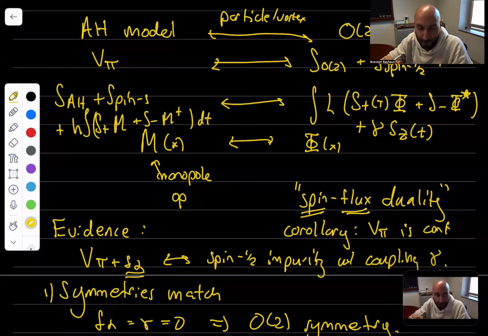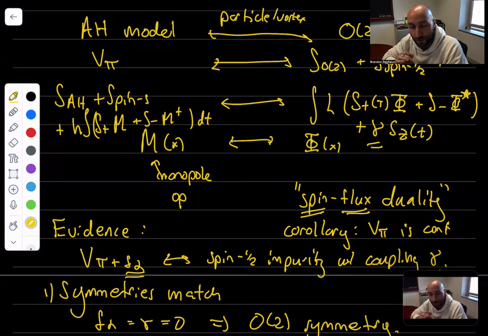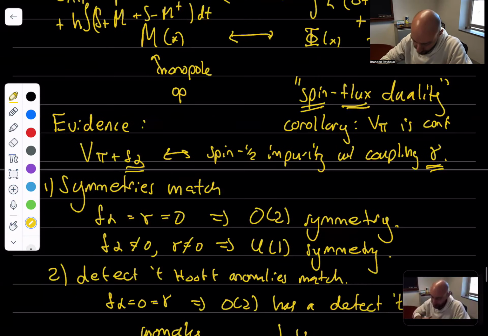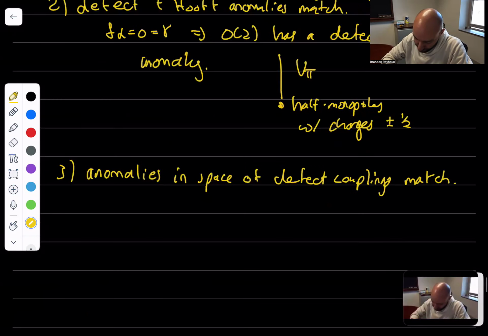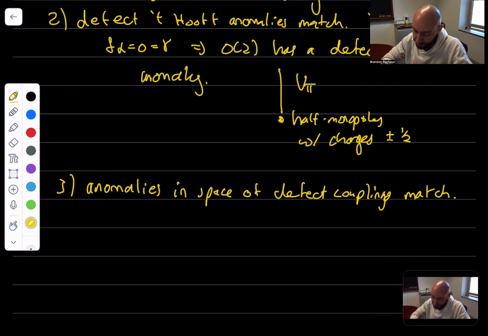This was what we called an anomaly in the space of defect couplings. A similar thing happens on the O2 side. As you pump this gamma parameter from minus infinity to infinity, if you're coupled to a background gauge field for the U1 symmetry, you find that the partition function again comes back to itself up to a phase, the same phase as we saw on the abelian Higgs side. So in other words, the anomaly between this alpha parameter and the U1 symmetry is recapitulated on the O2 side as an anomaly between this gamma parameter and the U1 symmetry.